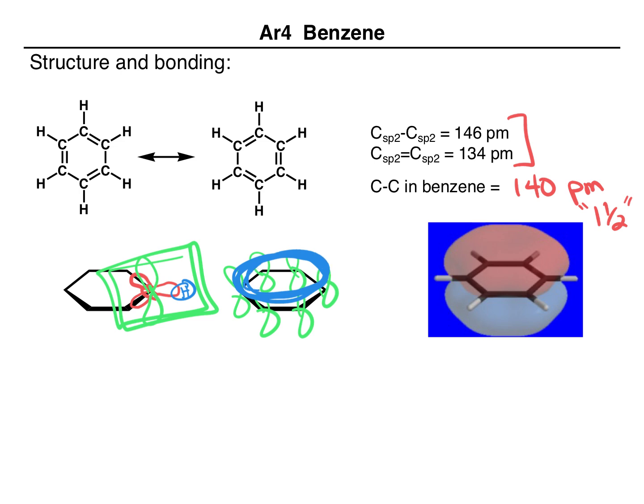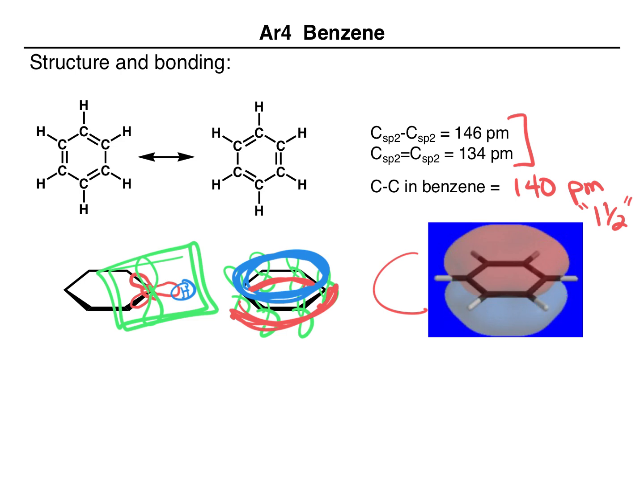Now we have the p orbitals above the ring, and we have interaction among the p orbitals below the ring. And of course, I drew that the exact opposite of how we have this picture here. But what we get is kind of a sandwich where we have this top part with all of our electron density above the ring, and then our bottom part with all of the electron density below the ring.